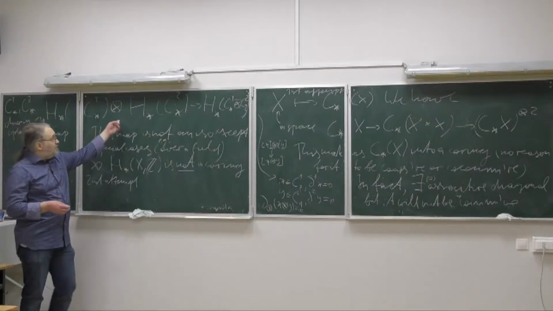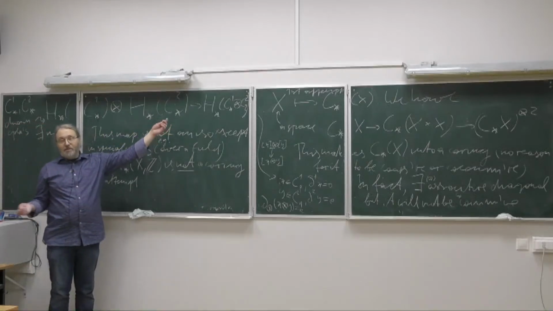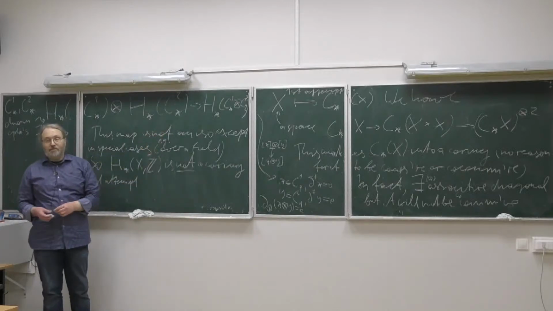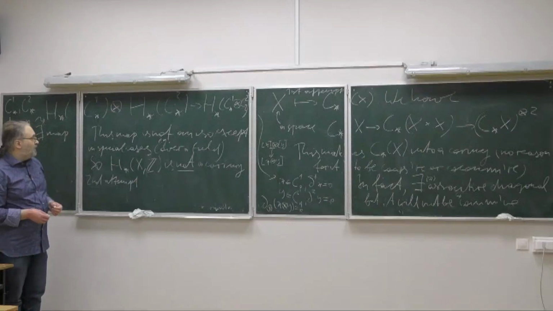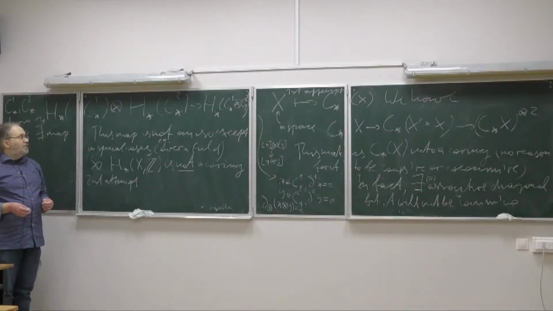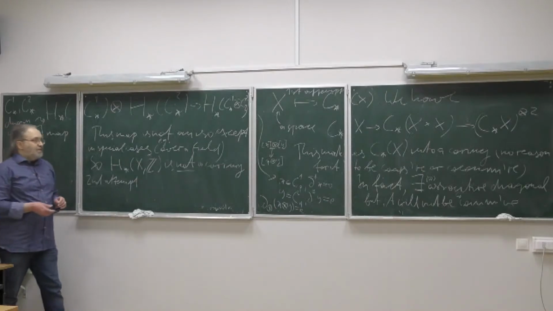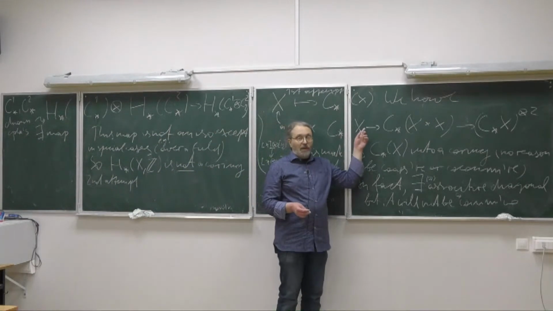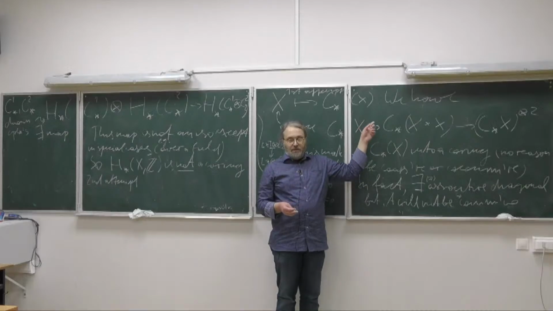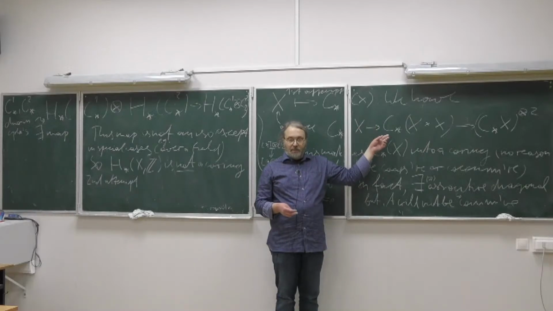So the map is there, but this map in general is not an isomorphism. Okay. So, Alice, do you understand now why the chains are a co-ring, but the homology is not a co-ring?